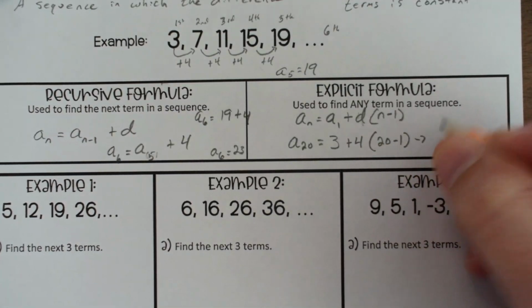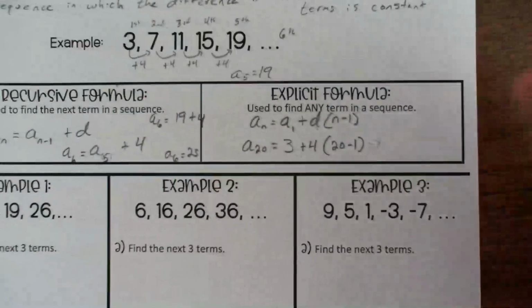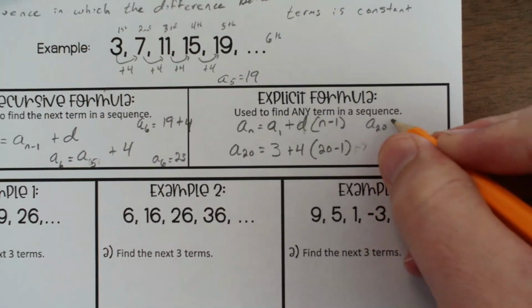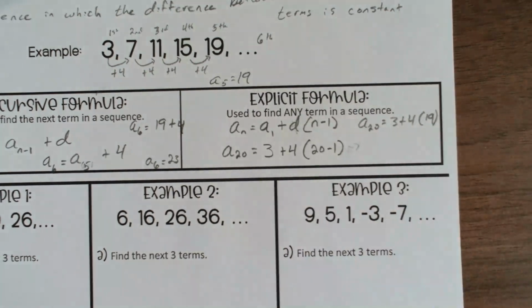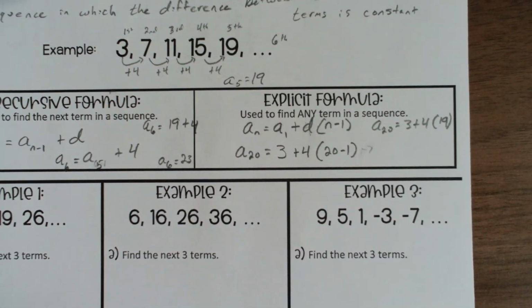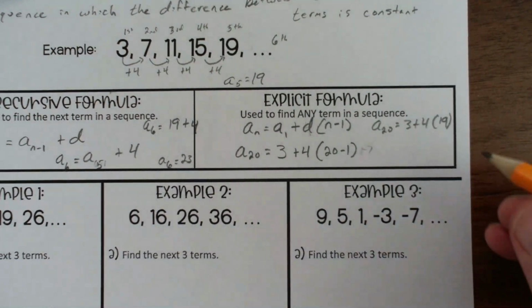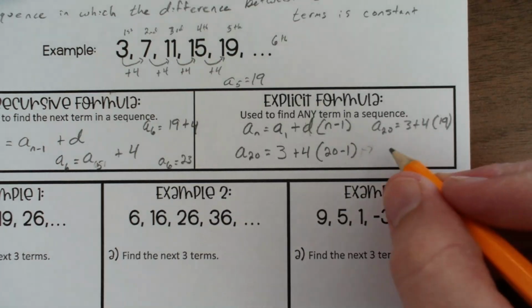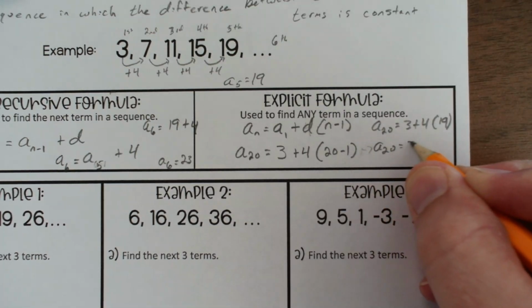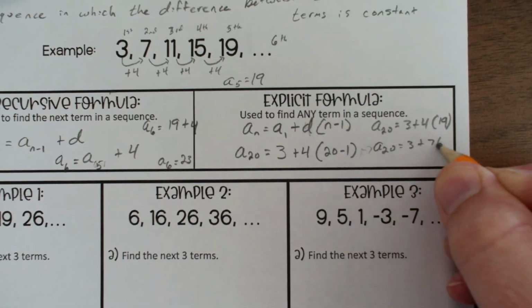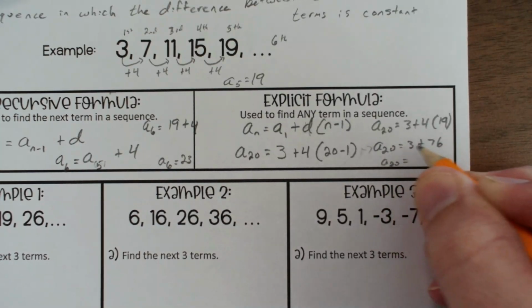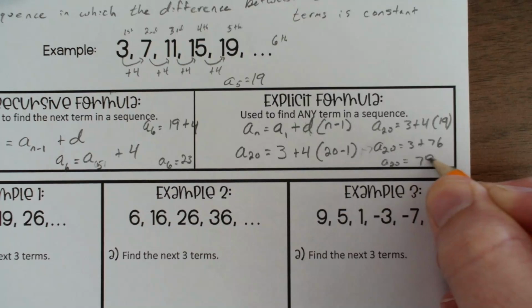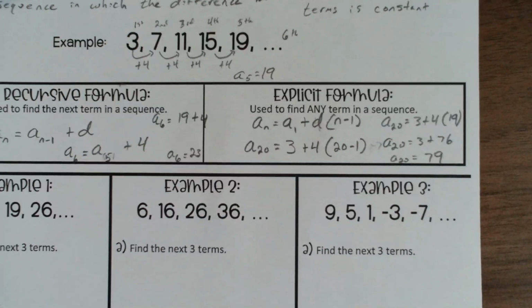So I'll rewrite it over here: a_20 equals 3 plus 4 times 19. 4 times 19 is 76. So a_20 equals 3 plus 76, and that is 79. So that's how I find any term that's way out there.